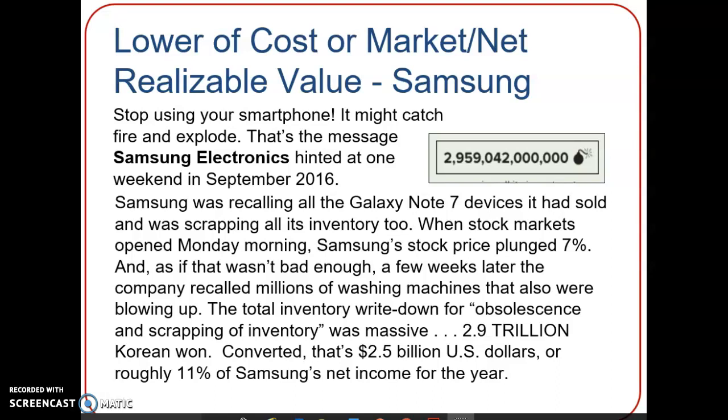It had very serious health and safety problems, and as a result, the company wrote off 2.9 trillion Korean won, which is about 2.5 billion US dollars, or roughly 11% of Samsung's net income for that year. So that's a huge write-off, following the lower of cost or market net realizable value principle.